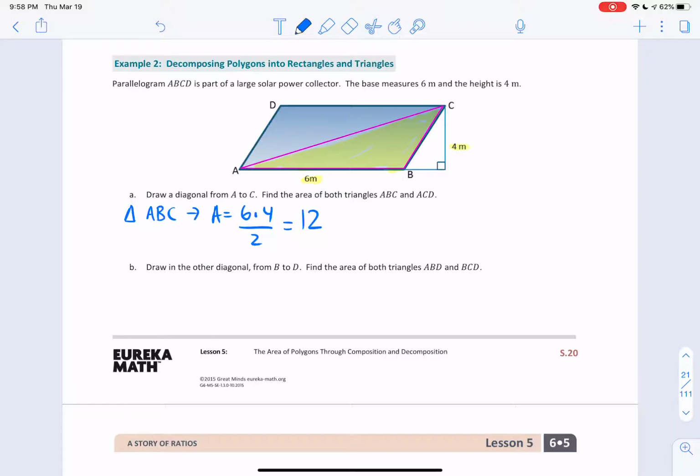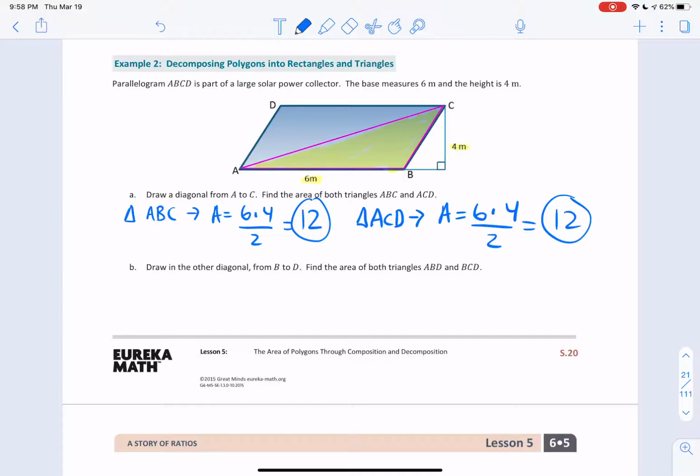And then to find the area of triangle ACD, that's the top section, I know it's going to be identical. I kind of already know, but I am going to write this down. ACD, area equals, it still has a base of 6. It still has a height of 4. We're still going to divide by 2. The answer is still 12, and it's actually 12 meters squared.